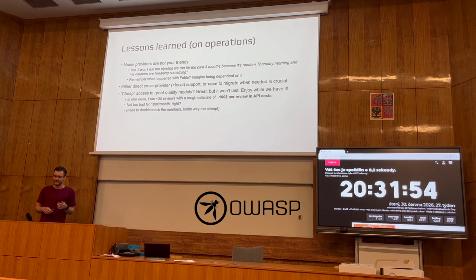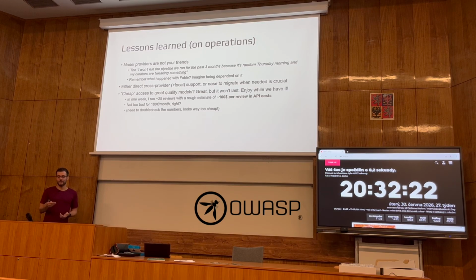And yeah, now we have the era of cheap access to great quality models, but it cannot last. It simply cannot, due to valuations and the upcoming IPOs, etc. For example, in one of the previous weeks, when they introduced Fable, once they introduce a new model, they reset your subscription spend, so you get more tokens to spend.